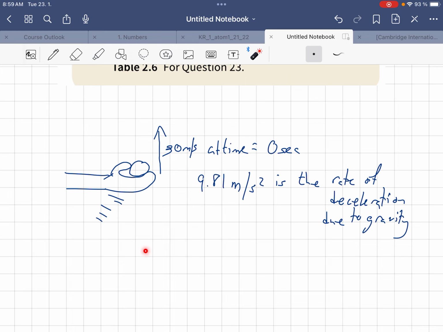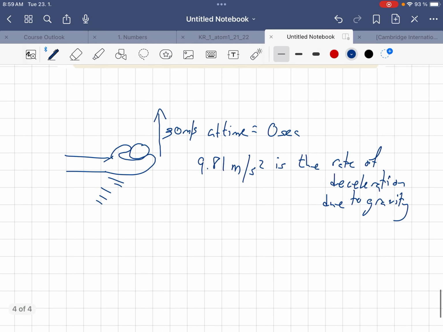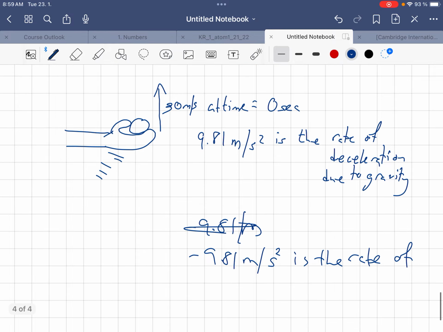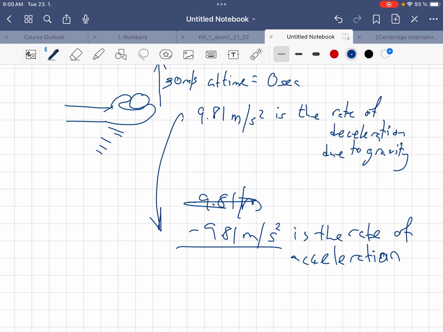So it is decelerating the ball. That's why I use the term deceleration. You can of course also say just as easily that minus 9.81 meters per second squared is the rate of acceleration due to gravity. So the ball is accelerating at minus 9.81. Both are correct.